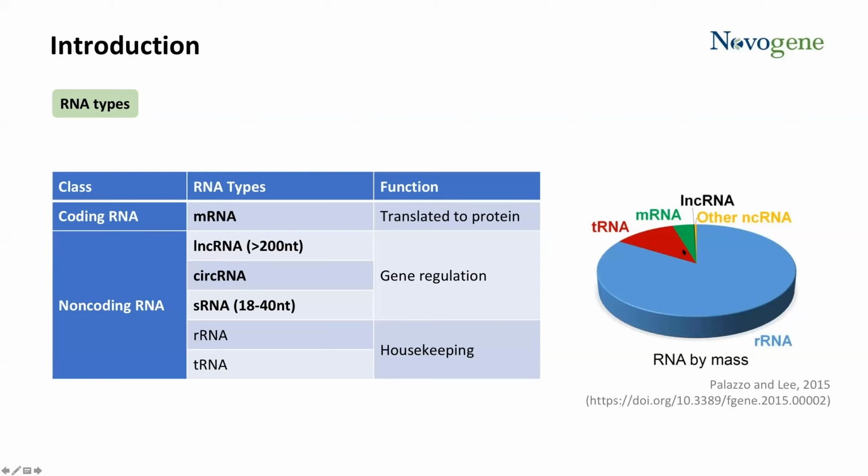Right here on the right side, you can see that of the total RNA, more than 85% is ribosomal RNA, and mRNA is less than 10%. Of that, the long non-coding RNA and other non-coding RNA is a very, very tiny fraction.